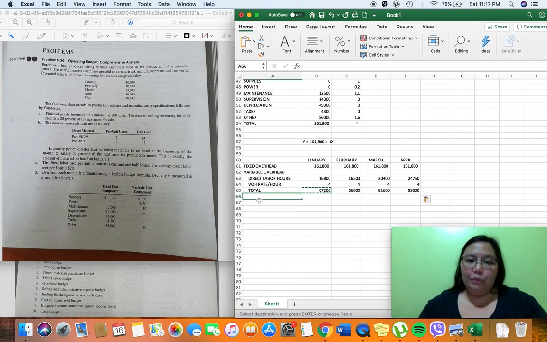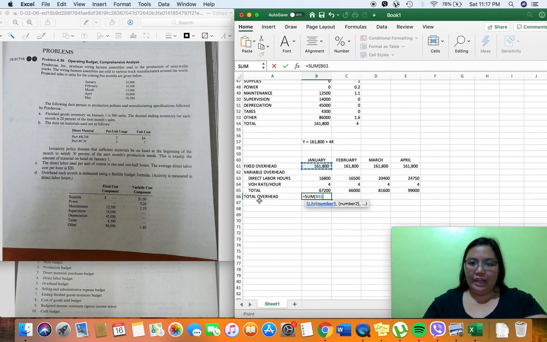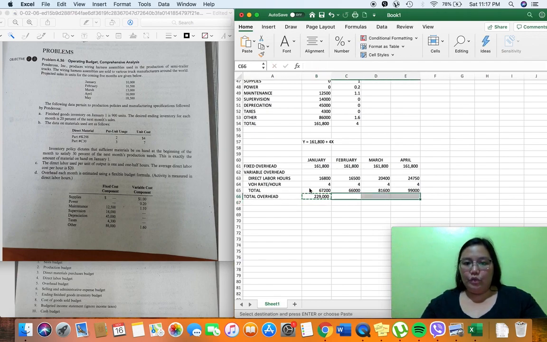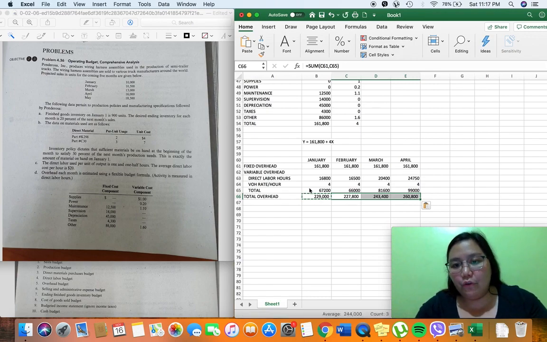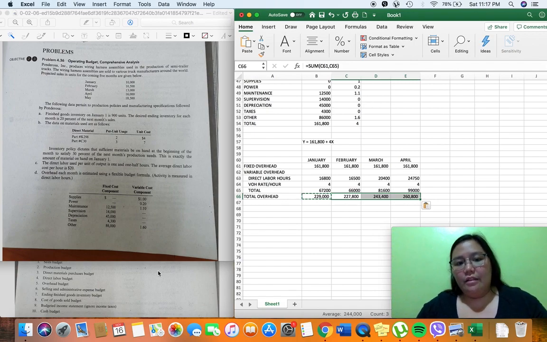Now, if you want to compute the total overhead for each month, we add the fixed overhead and the total variable overhead. So we have 229,000 for January, 227,800 for February, 243,400 for March, and 260,800 for April. So that is our total overhead.